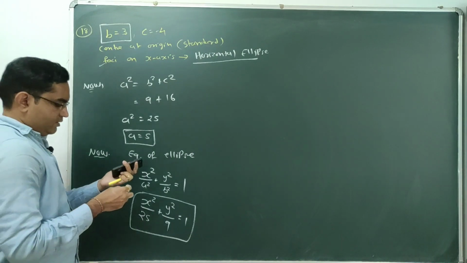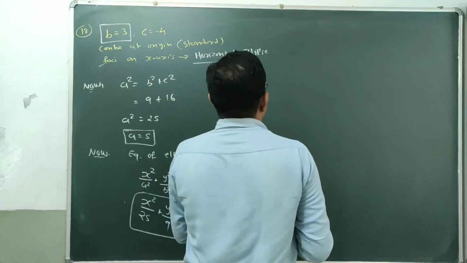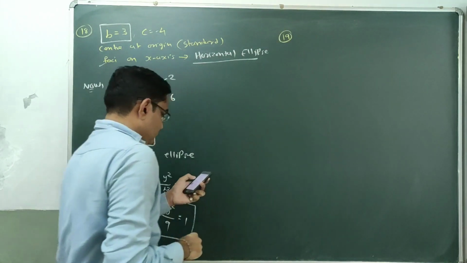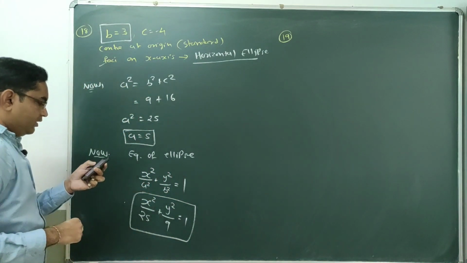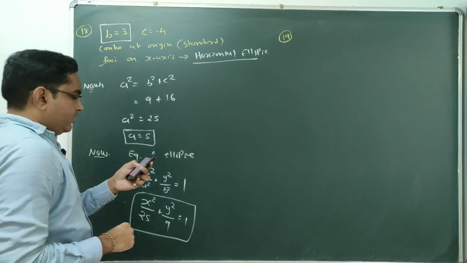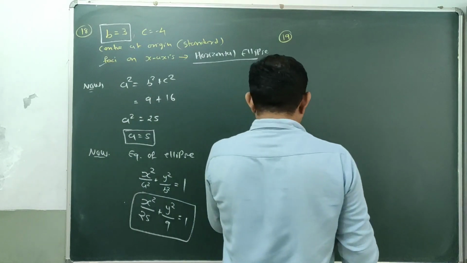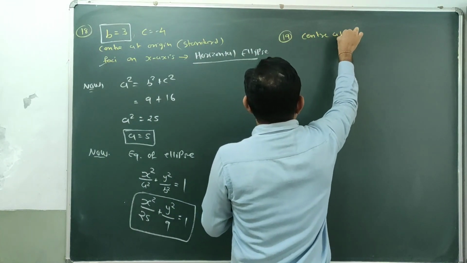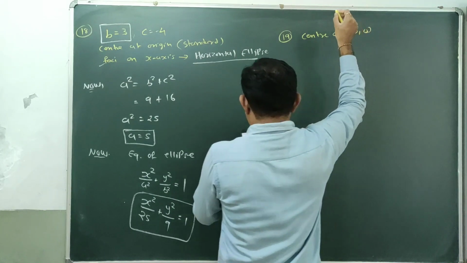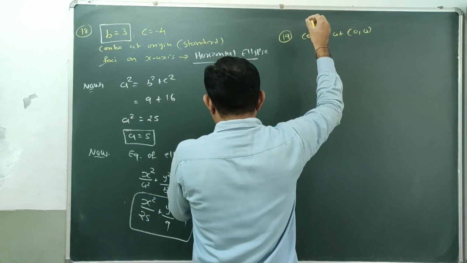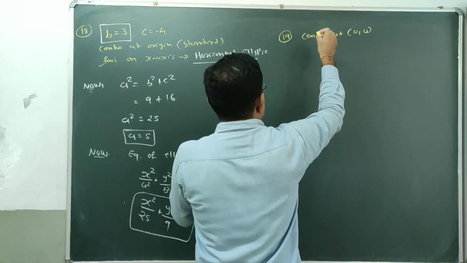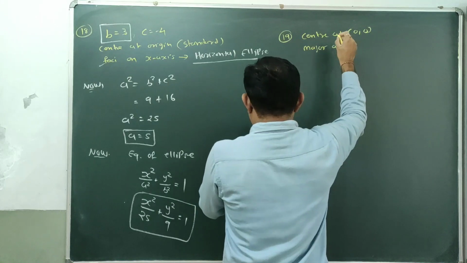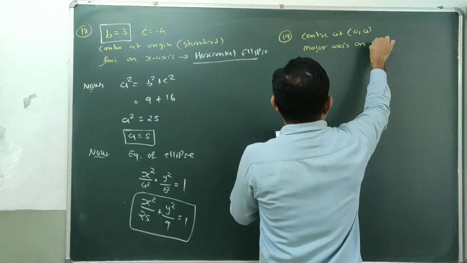19 and 20 are both the same. Done. So look, here is how to do 19. Here you have to find the equation of the ellipse, and the conditions are center at 0, 0, center at origin, a standard ellipse, major axis on the y-axis.